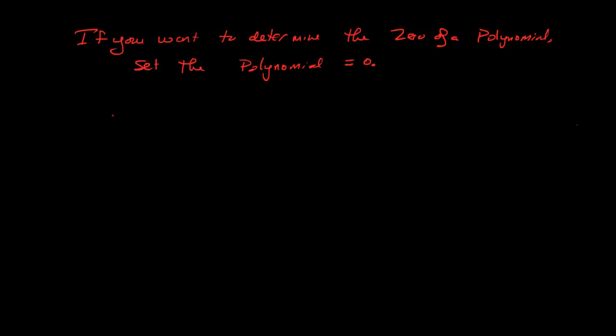So let's go ahead and look at an example, and we're going to ask for the zeros of the polynomial. So let us say that we have f of x equals (x minus 3)(x plus 4). If we want to determine the zeros of this polynomial, or where this polynomial crosses the x-axis, we're going to set (x minus 3)(x plus 4) equal to 0.